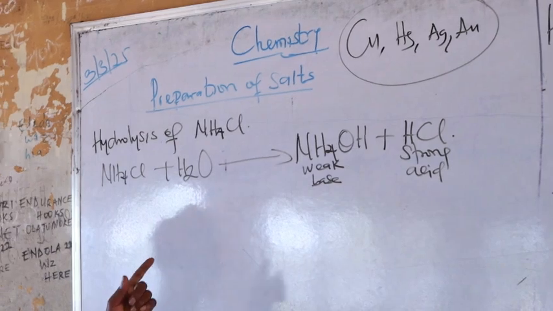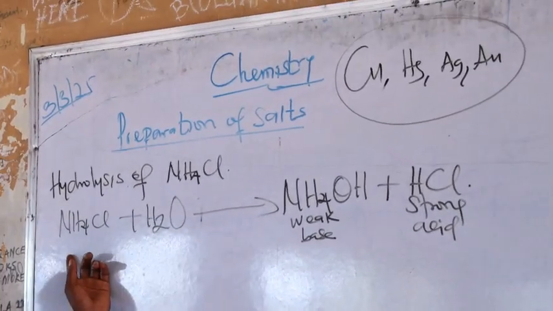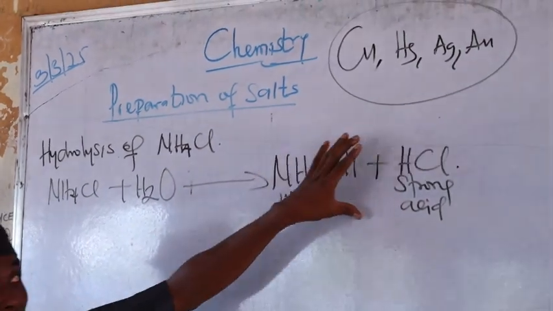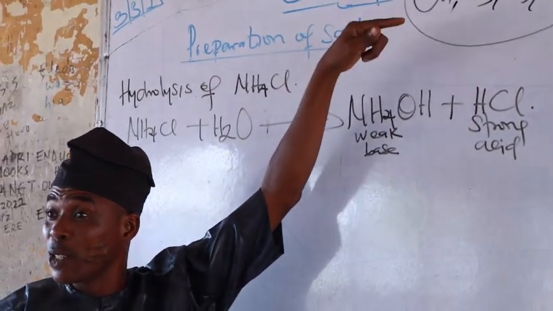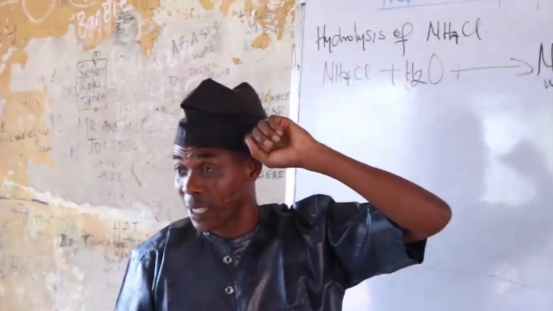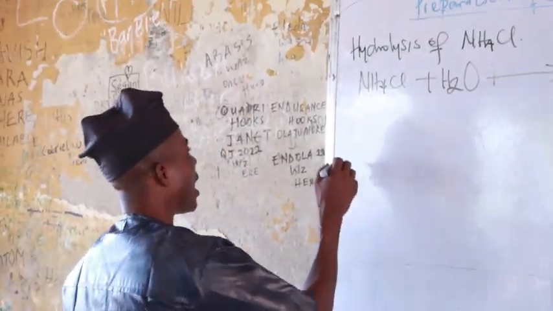It means the salt has reacted with water. There is a reaction between the salt and water to give us this and this. It is the HCl that is present when dissolved in water that makes the solution of the salt acidic. Is that taken?